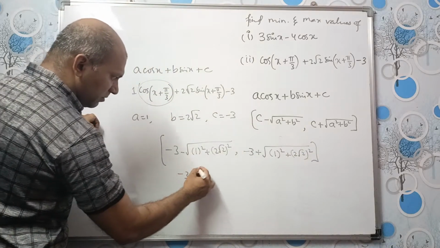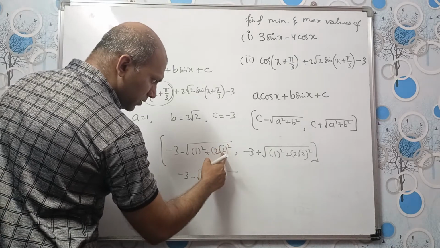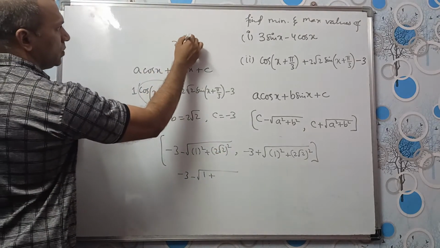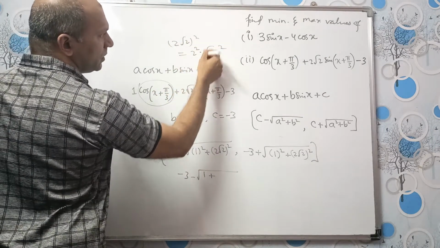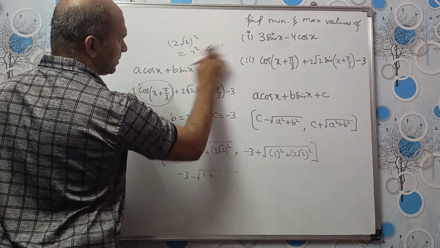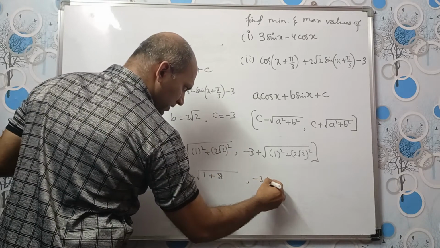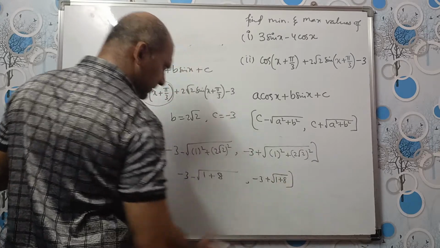So this is minus 3 minus root of 1 plus, this is 2² multiplied by root 2 squared, right? (2√2)² is 2² multiplied by (√2)², so this will be 4 into 2, which is 8. Okay, so this is minus 3 minus root of 1 plus 8, and minus 3 plus root of 1 plus 8.